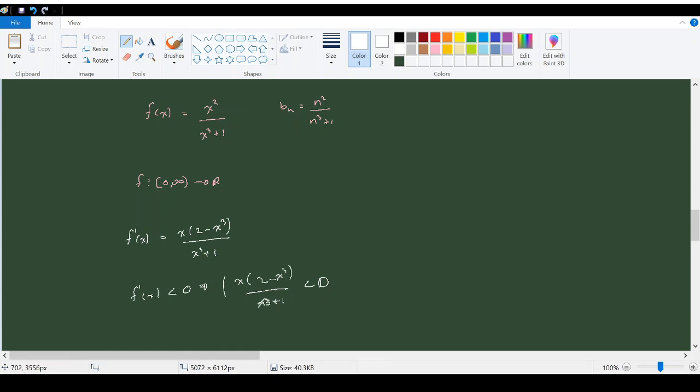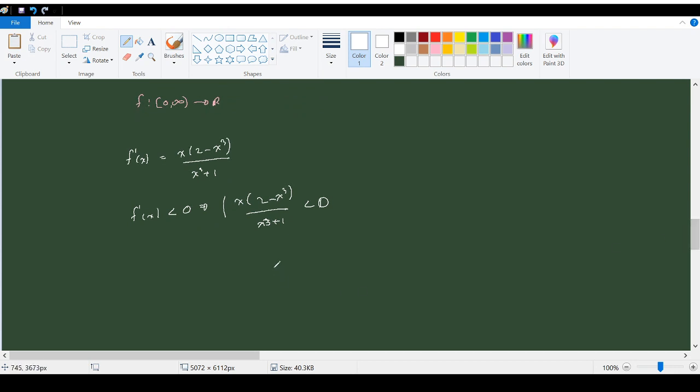So by cross multiplying the denominator, it implies that x times (2 minus x cube) less than 0, right? So now we know that x is a non-negative number, right? And if x is equal to 0, then this product will anyway be equal to 0.